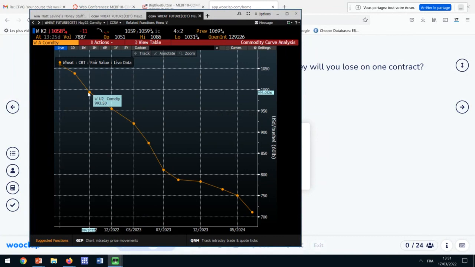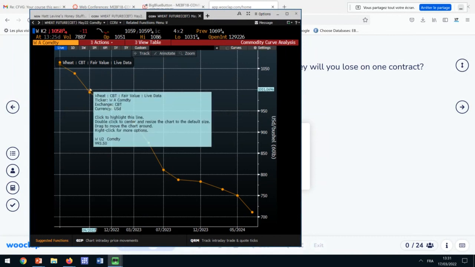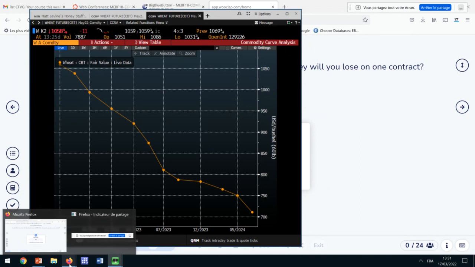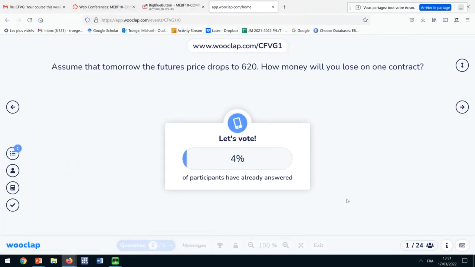We said September 22. Let's just assume that the September 22 price is 1,000. So we locked in a price of 1,000, and now the price is 620, which means that the contract dropped by 380 points.